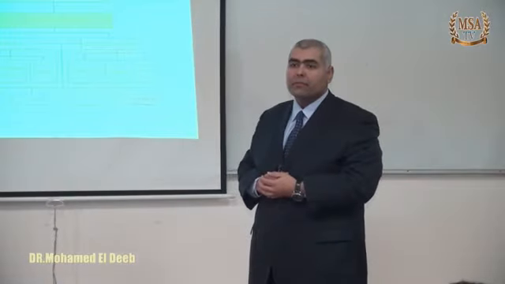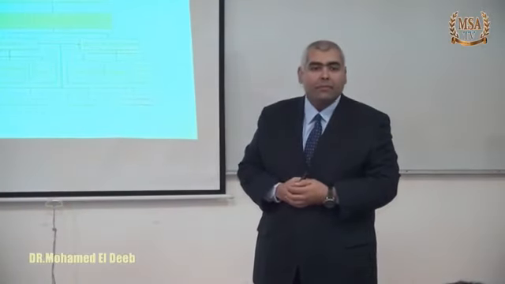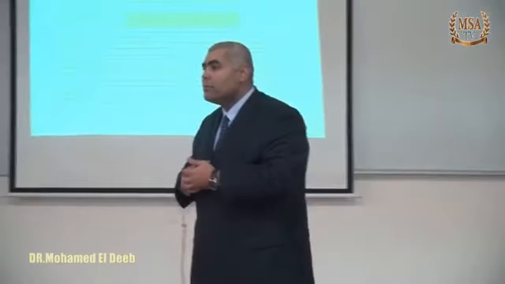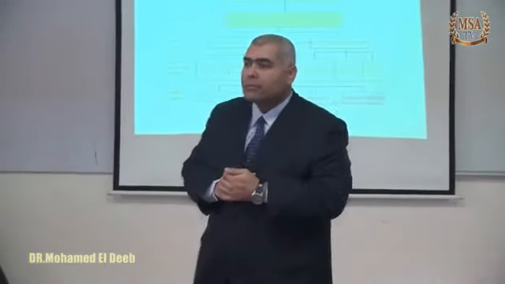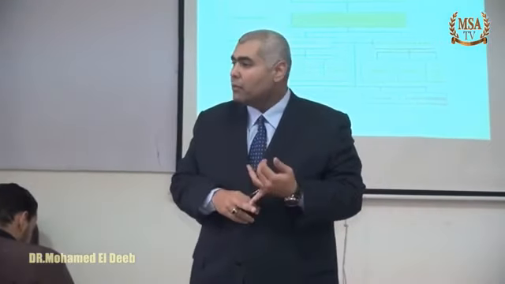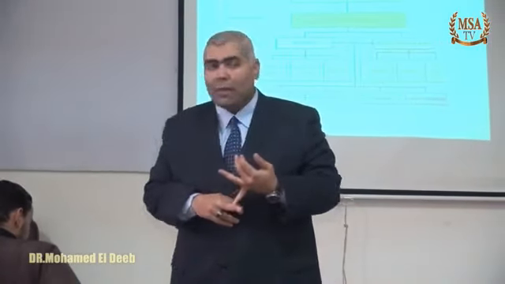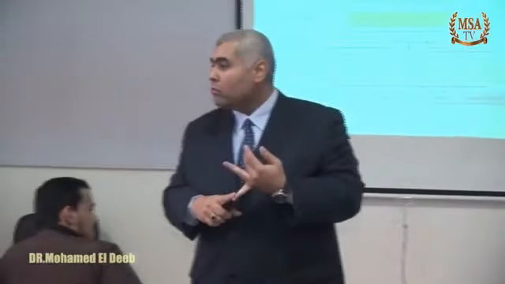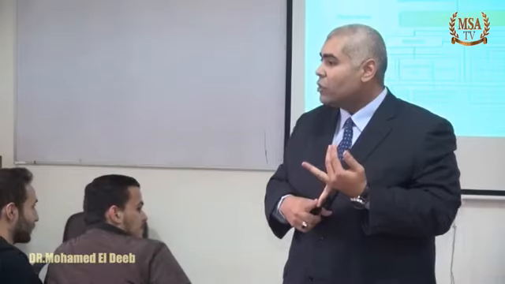How do we consider cost as a constraint? How can we consider cost as a constraint for providing information? How can we provide information? Preparing financial statements. Right. The financial statements have a cost for accounting to prepare them.